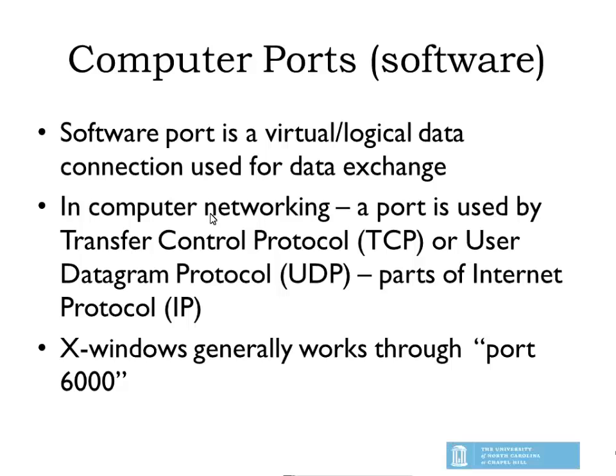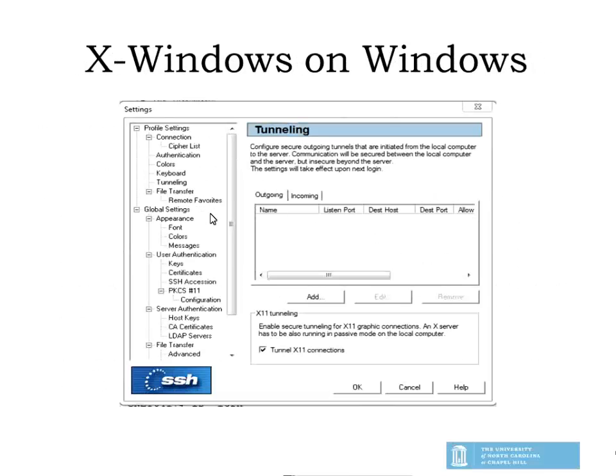But the obvious problem here is the reason we are using port 22 is it's giving us a secure tunnel. So it's encrypting all the traffic that is going from our machine to the server. Now, if we suddenly start using a different port, we lose the advantage of having the secure tunnel between us and the server. So the trick we are going to use is to use something that's called tunneling.